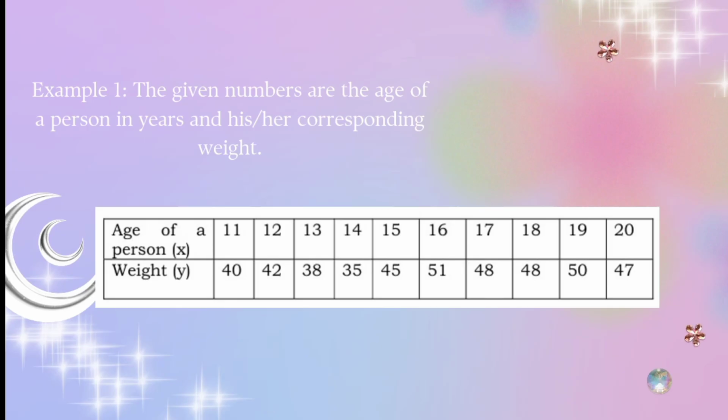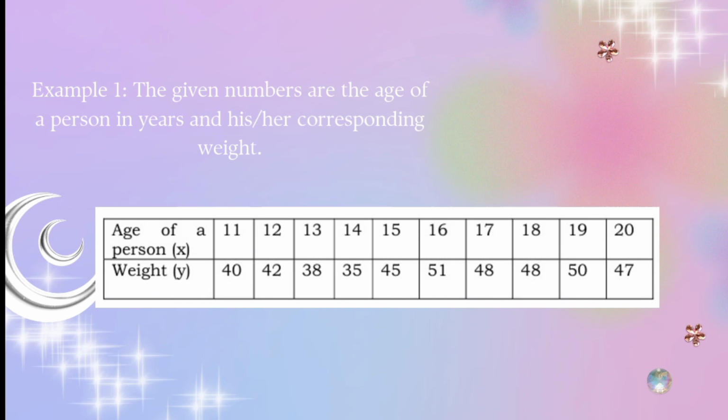So we have our first example here about sa atoang scatter plot. The given numbers are the age of a person in years and his or her corresponding weight. Here's a table, the picture.